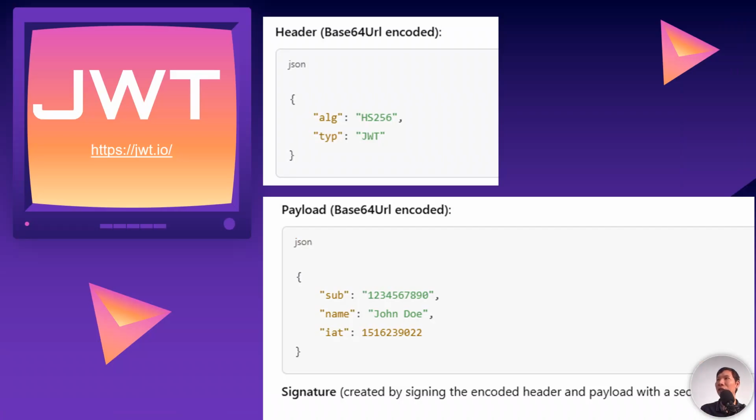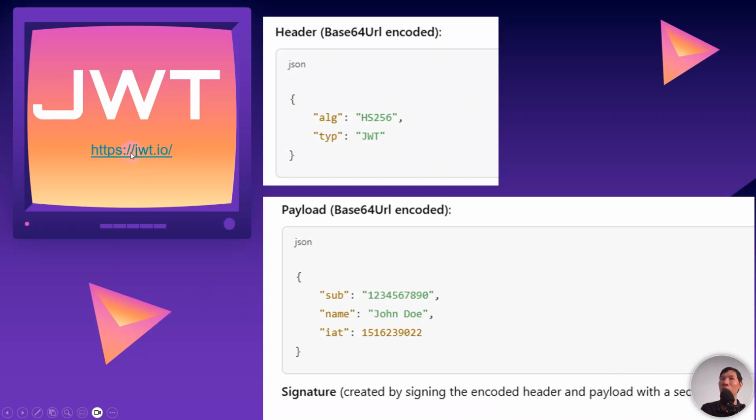Okay, this is the JWT structure. It includes the header, then the payload, which holds things like the username, and the last one is the signature, encoded according to the algorithm. So this is the simple JWT structure. We can look at a JWT on this website.